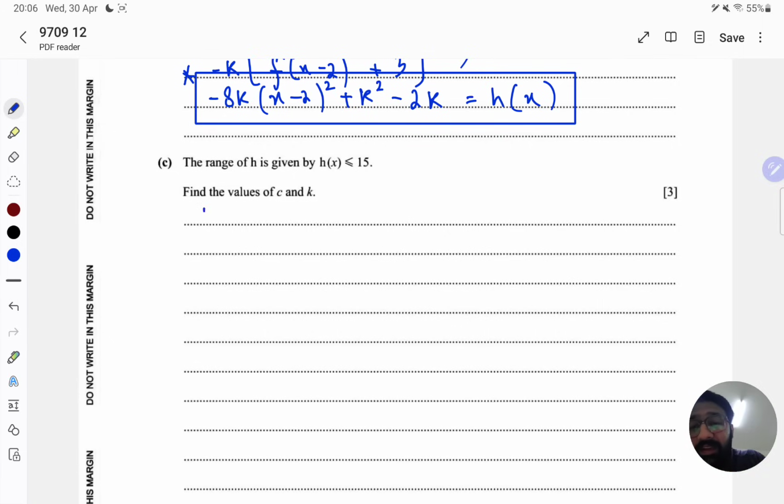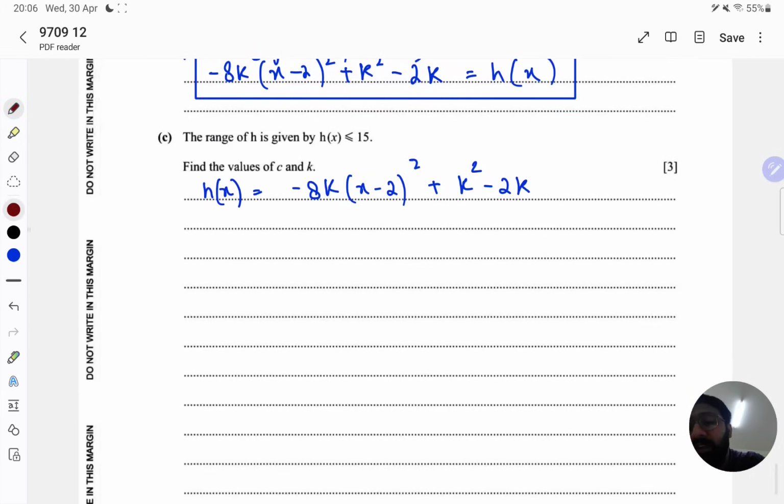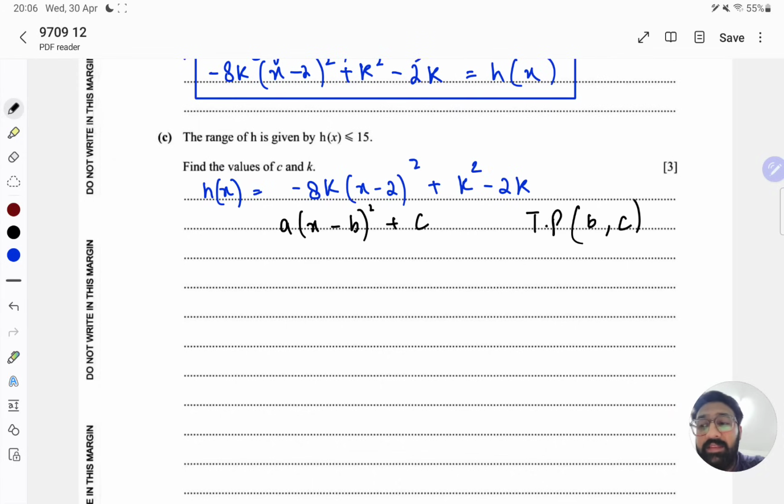So let me write down the h function first. h(x) is basically −8k(x − 2)² + k² − 2k. This equation is written in the turning point form, a(x − b)² + c, where the turning point is (b, c).